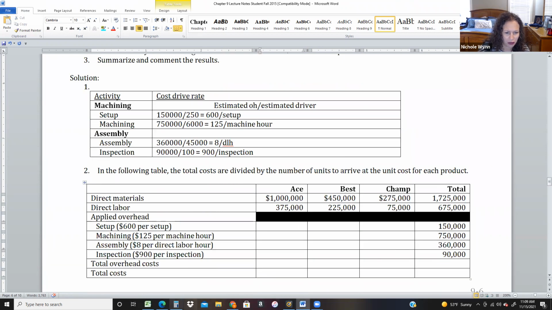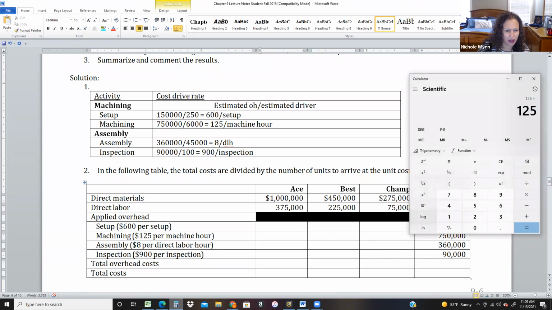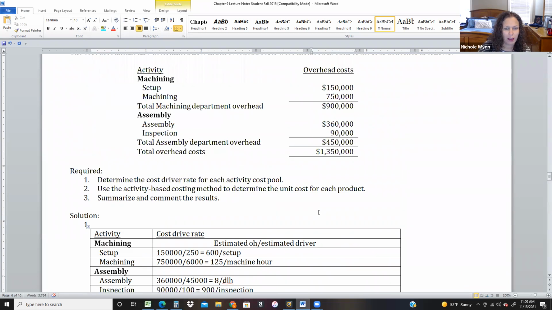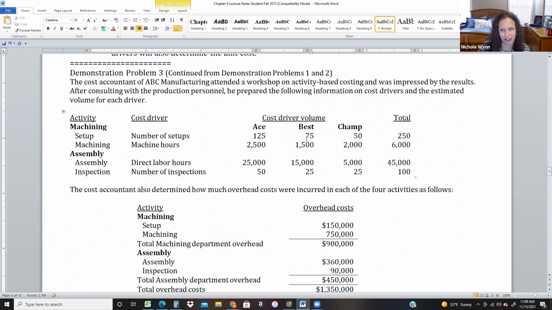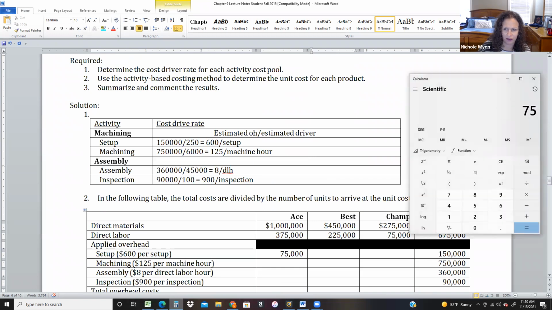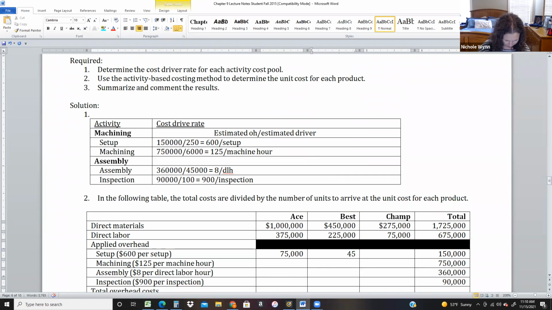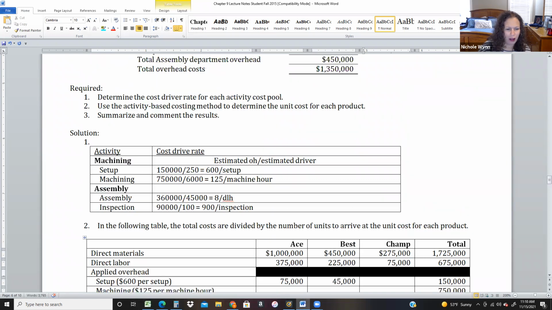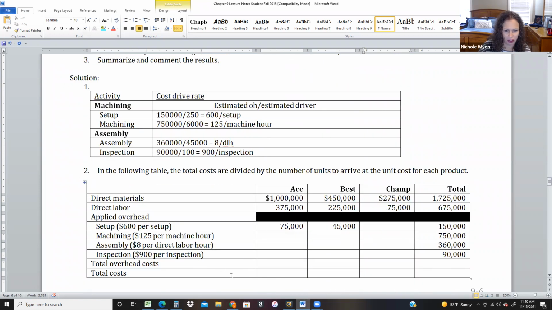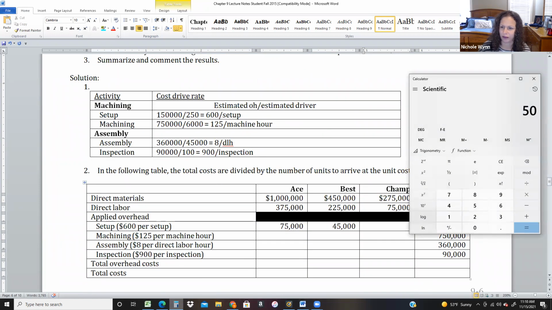So I will take 125 times 600, and I would put 75,000 here. This would be so much easier in Excel. 75 times 600 is 45,000. And then 50 setups times 600 gives 30,000.